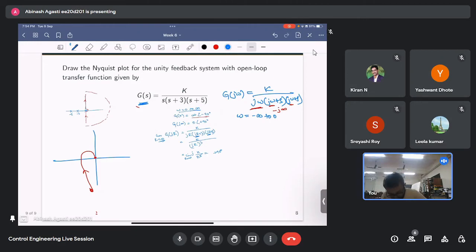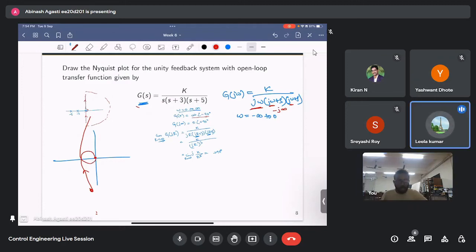So that will be given by something like this. And for this small circle, first let's take this large circle. This large circle will be mapped to something here.